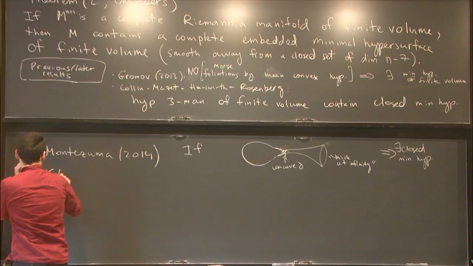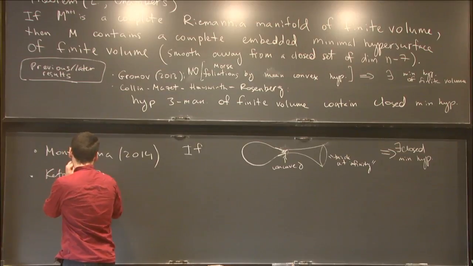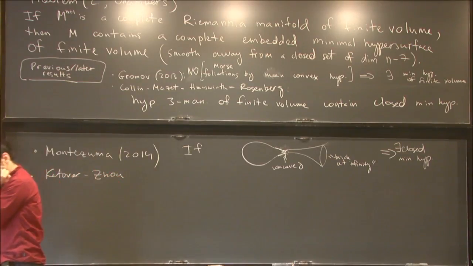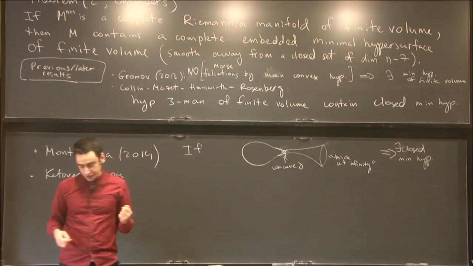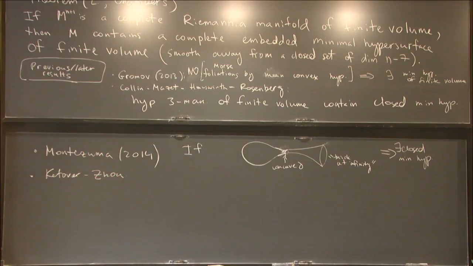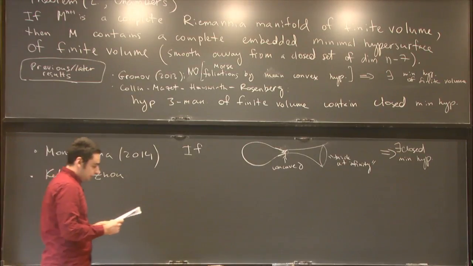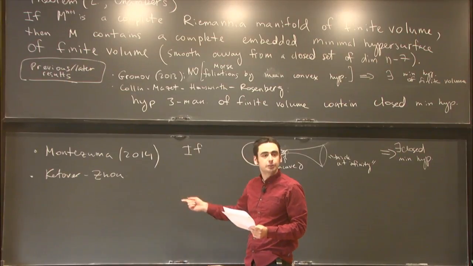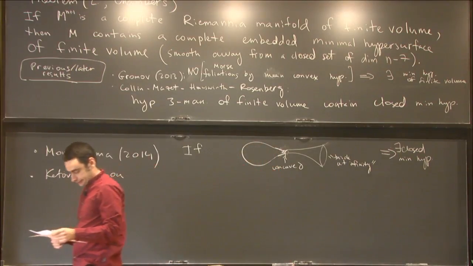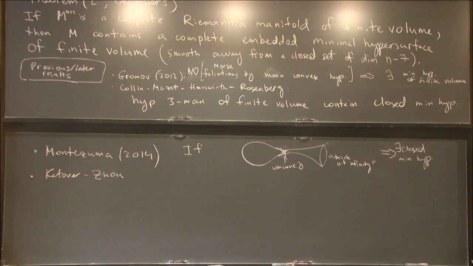There's a paper by Ketover and Zhou, where they analyze entropy of embedding of surfaces in R3 and prove a conjecture of Colding, Ilmanen, Minicozzi, and White. And what's crucial in their analysis is again to construct minimal hypersurfaces for the weighted Gaussian area in non-compact manifold.